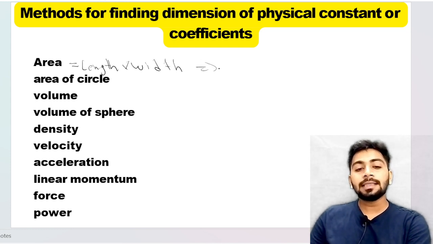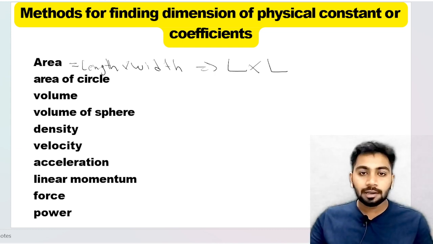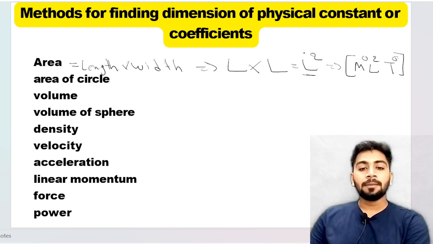Now we measure length in L, and width is also measured in length only, right? Then it comes L square, a fundamental quantity raised to some power, or you can even write like this: M0, L2, T0. Both are fine, and the bracket is compulsory.